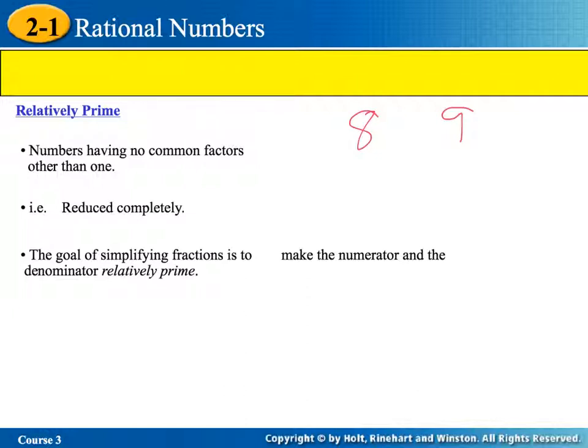If you look at a fraction that's reduced completely, so in simplest form, those numbers are also relatively prime because the goal of simplifying fractions is to make the numerator and the denominator relatively prime to where not another number can divide each of those evenly.